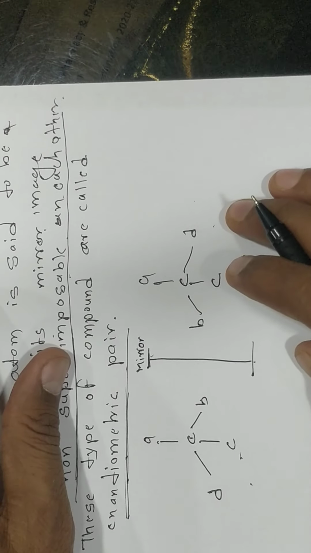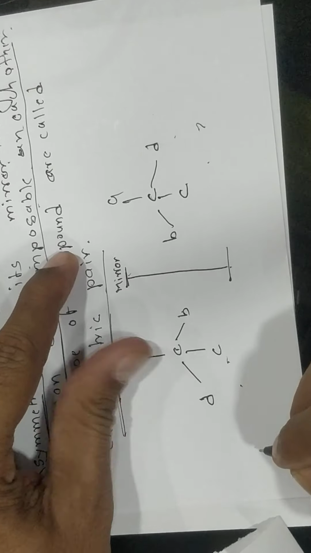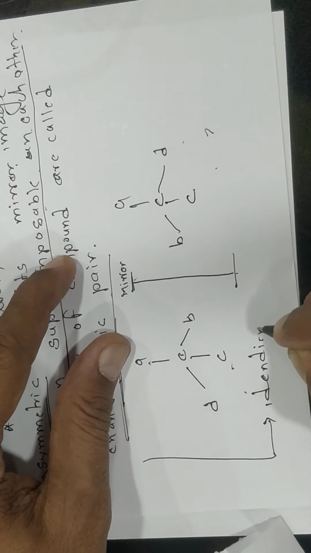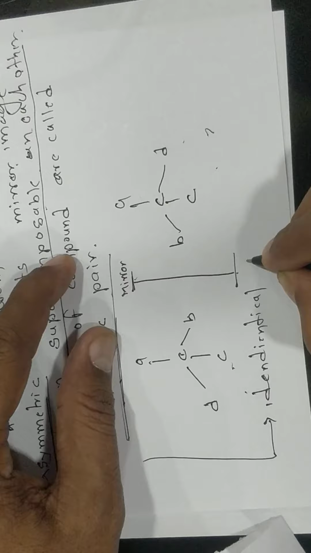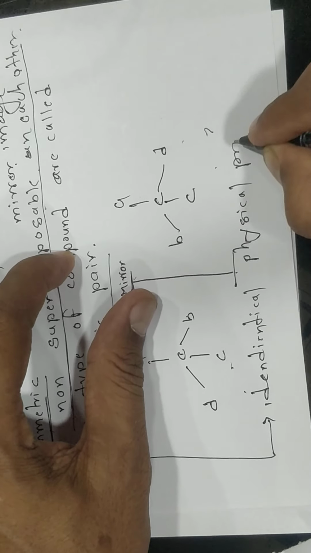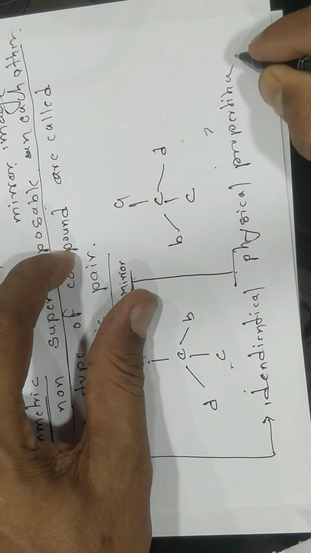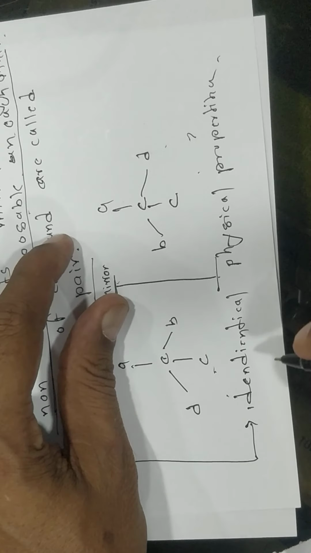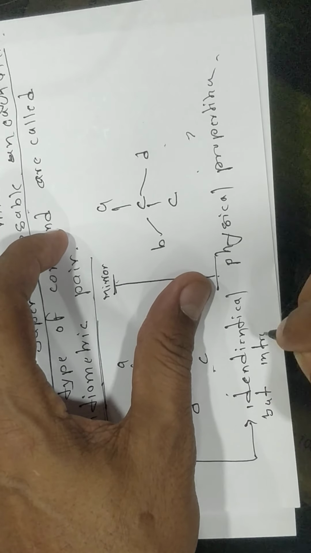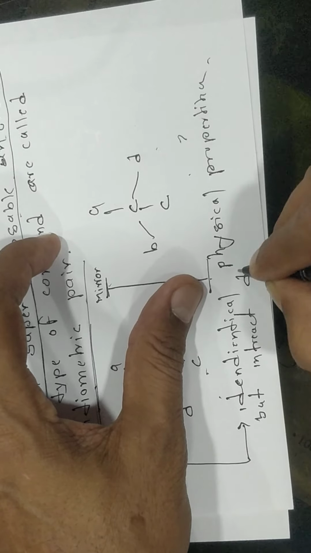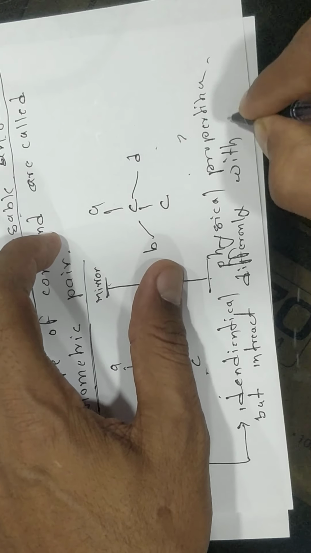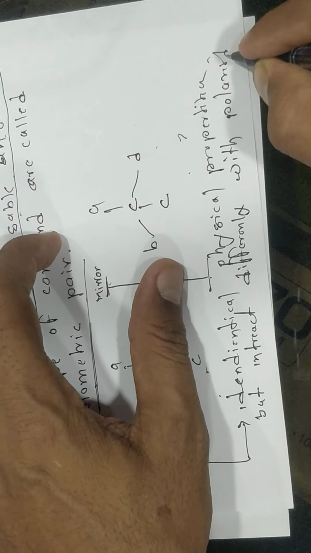Enantiomers have identical physical properties. Enantiomeric pairs have identical physical properties, but they interact differently with polarized light.